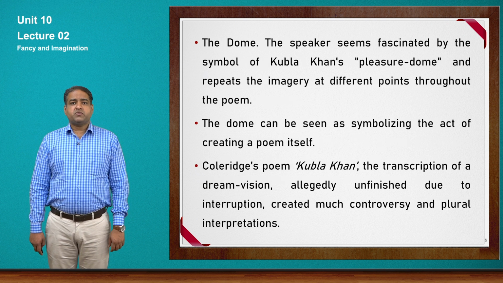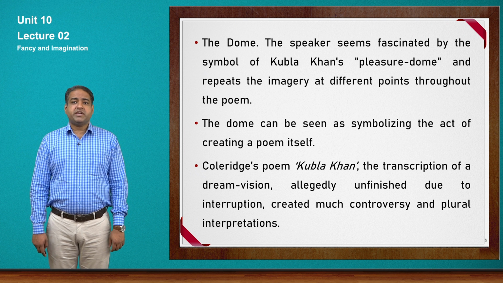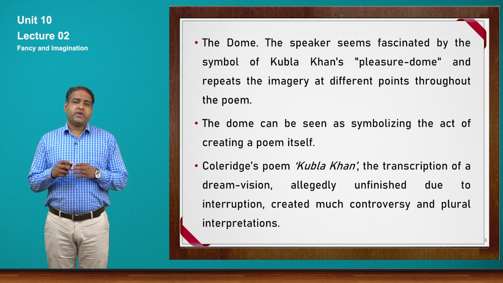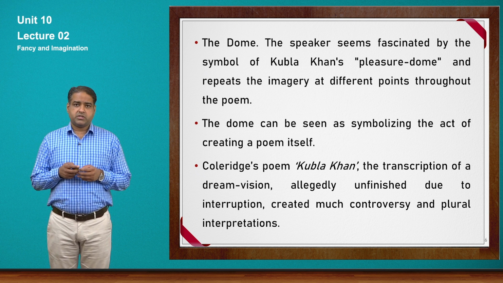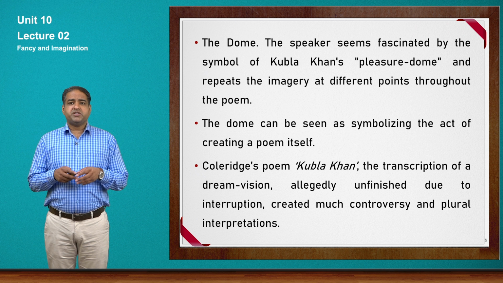The speaker seems fascinated by the symbol of Kubla Khan's pleasure dome and repeats the imagery at different points throughout the poem. Now, friends, what is a dome? It is a kind of construction, you will say. It is a kind of building which is related to the imaginative world of Coleridge.